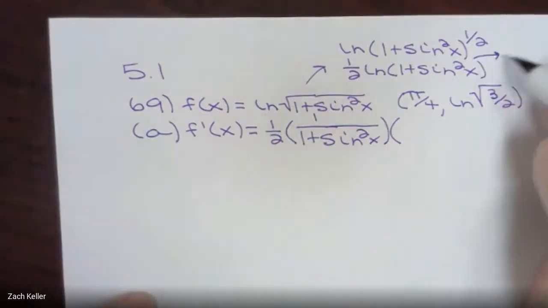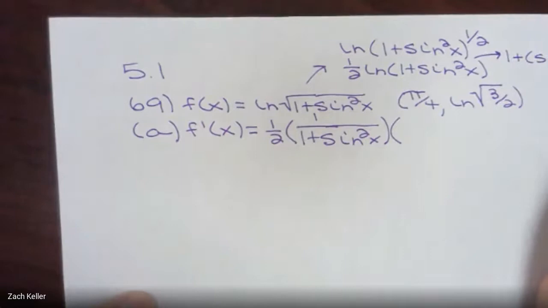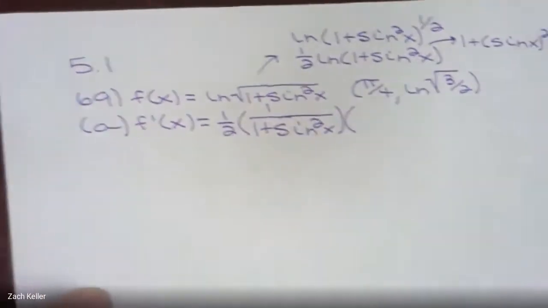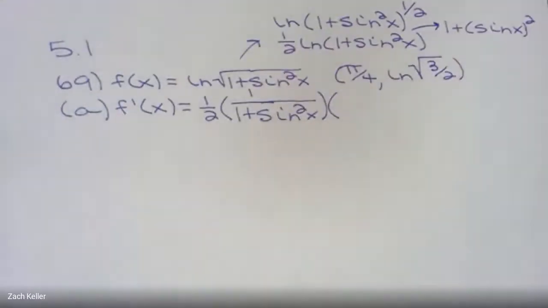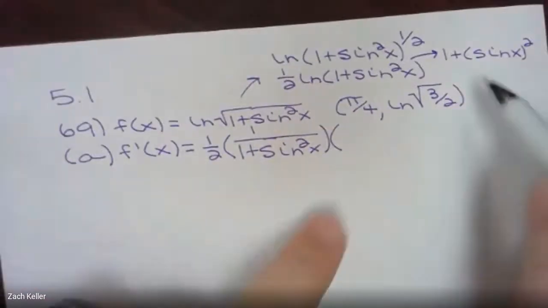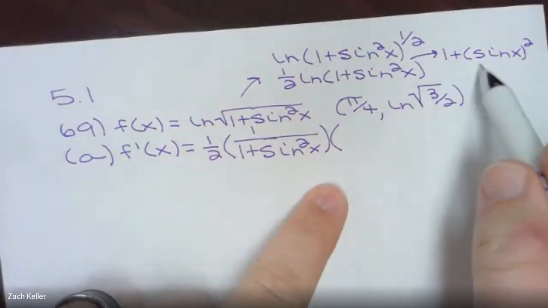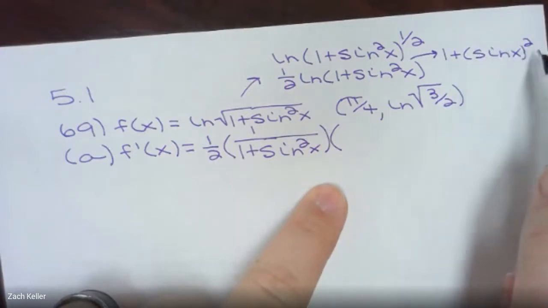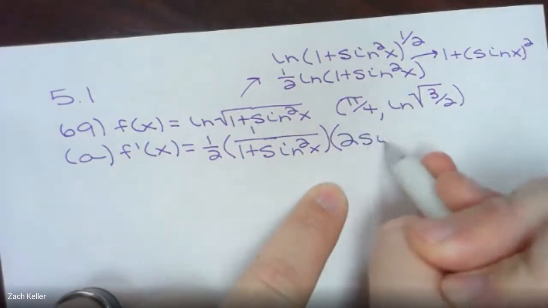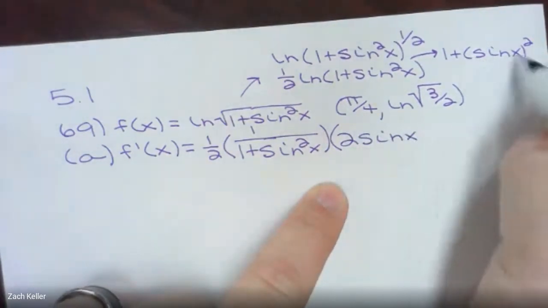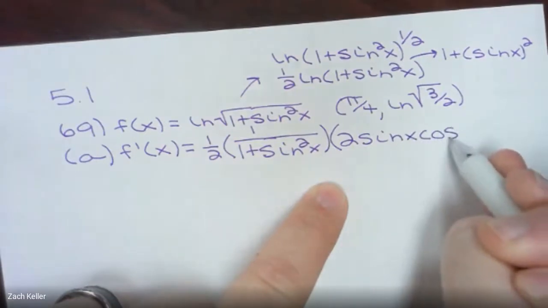Again, we've talked about it before, that exponent can go towards the outside. If you rewrite it like this, it's easier to see that the derivative of 1 is 0. When I take the derivative of sine squared x, that's another chain rule, so it's going to be 2, keep the sine x the same, times the derivative of the inside, which is cosine x.